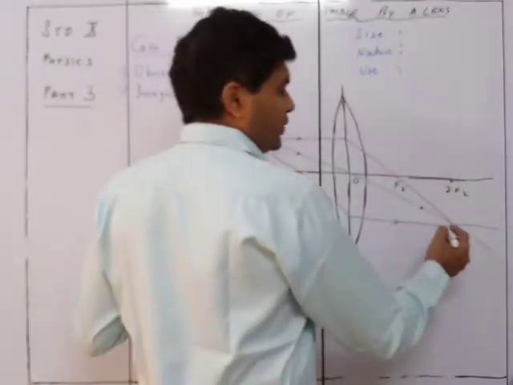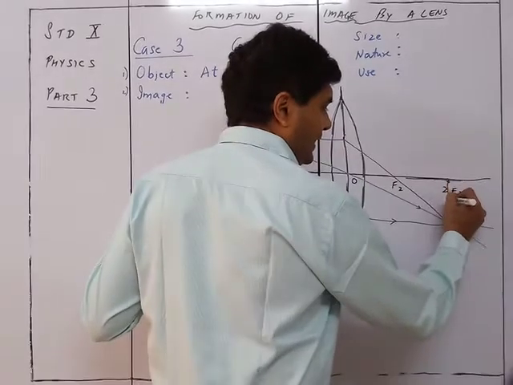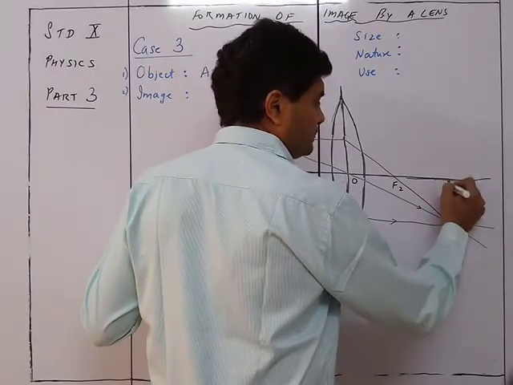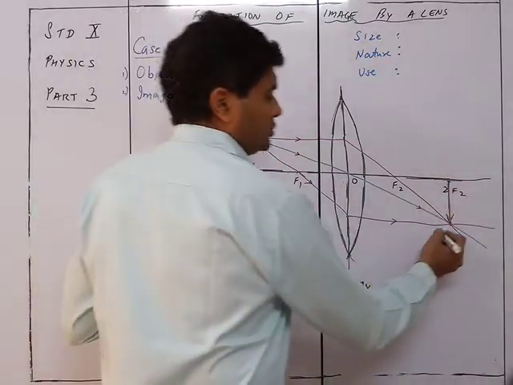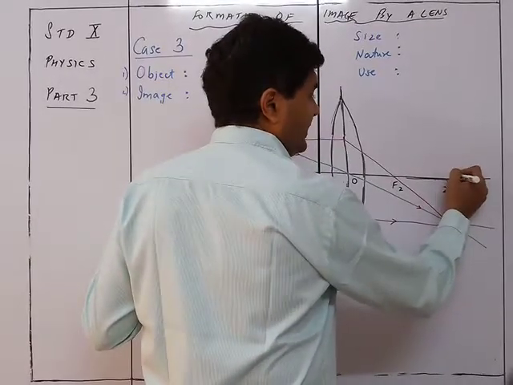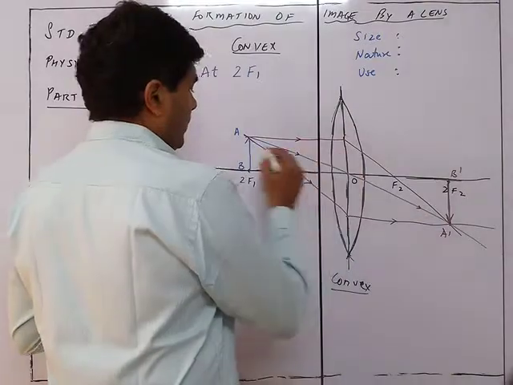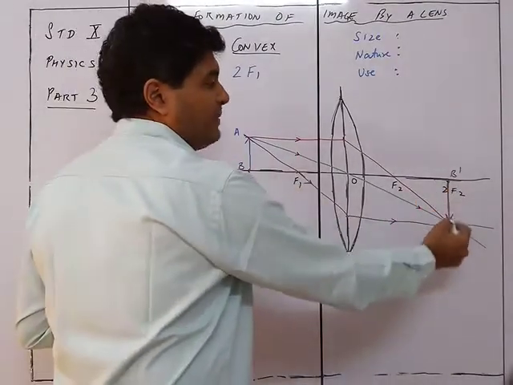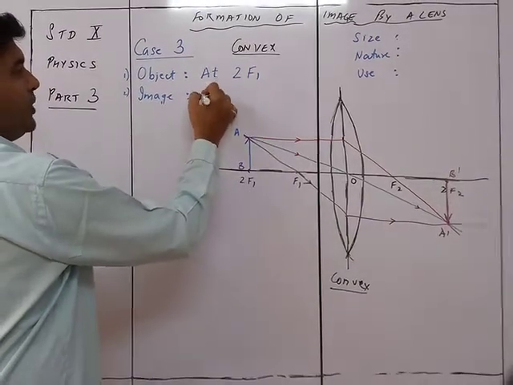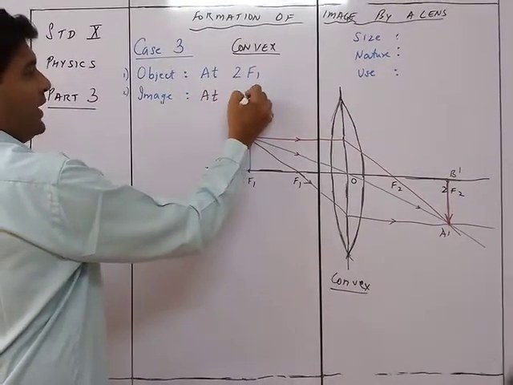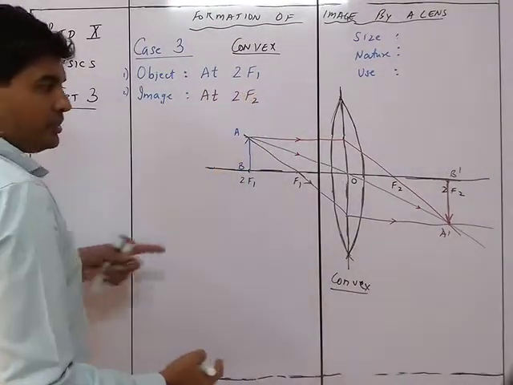When you draw this, you will come to know that it is exactly on 2F2. So this particular image is exactly on 2F2. This is your A dash, this is your B dash, and whatever two lines you have over here, you will get the same two lines over here. So the image will be at 2F2.